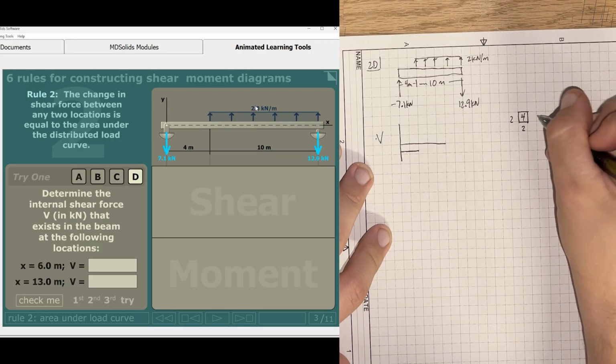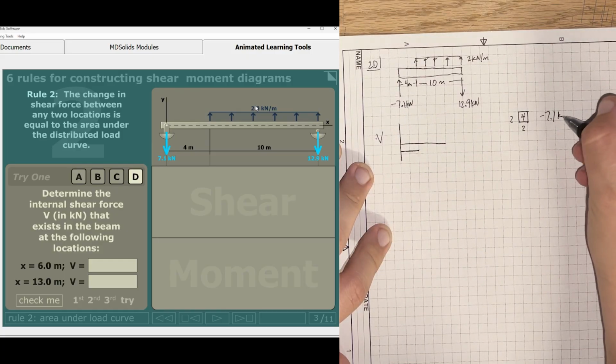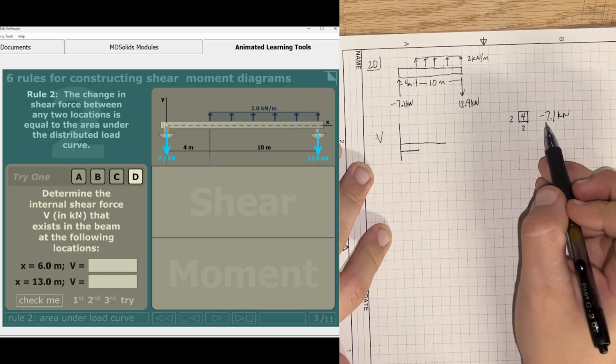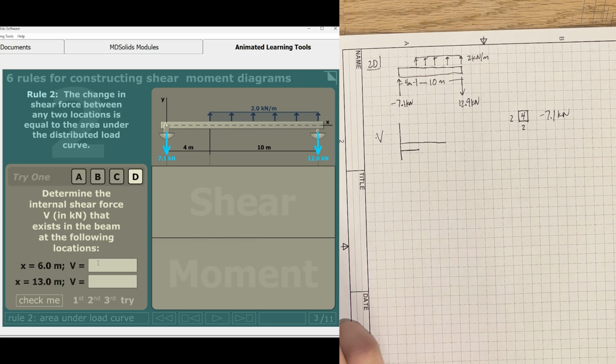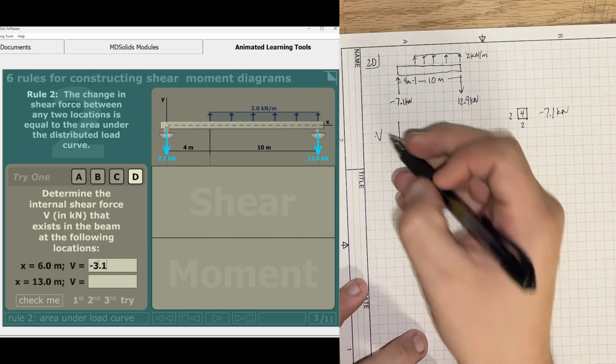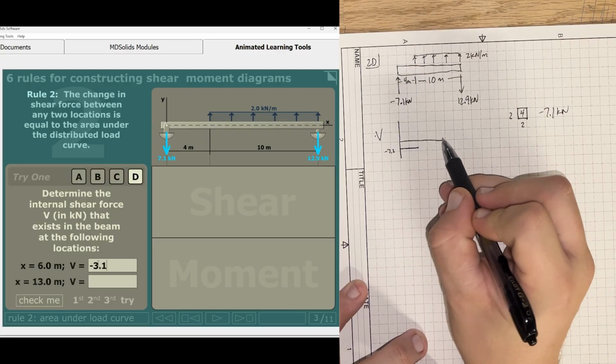Then if you minus that 7.1 kilonewton force that's already acting in here, we get 4 kilonewtons minus 7.1 kilonewtons, and we end up with negative 3.1. So remember, this is negative 7.1 here, and this is starting to move upwards.